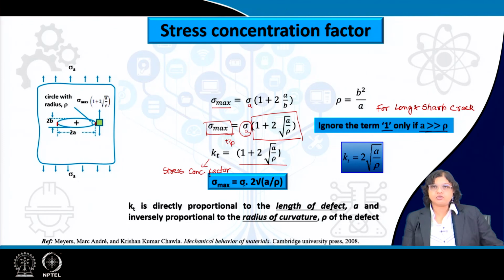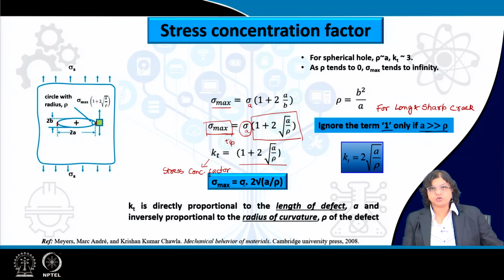So, we definitely would like to reduce the stress concentration factor. Based on this relation, we can see that Kt is directly proportional to the length of the defect and inversely proportional to the radius of curvature. So, we would like to have a crack which is not very long or not very sharp to achieve a lower value of Kt.